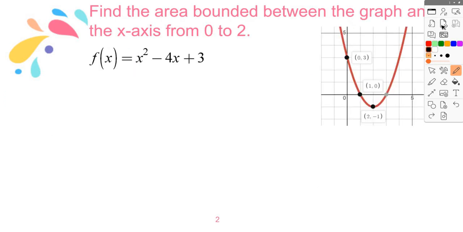So this says find the area bounded between the graph and the x-axis from 0 to 2. So I have an f of x. That's my first function.